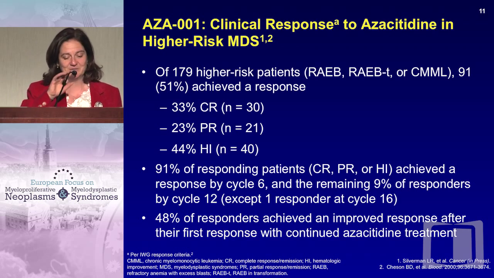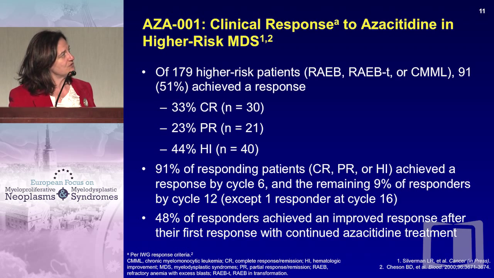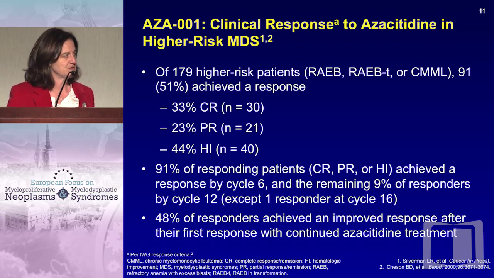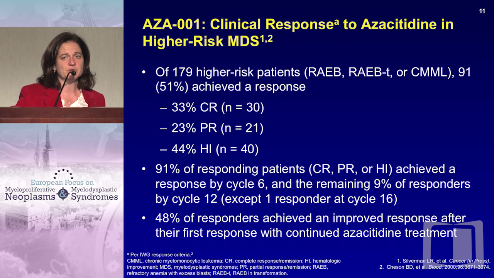So what about the response? All over, you see, you have a 51% of response, judged as CR, 33%, PR, or hematological improvement. And the great majority of these patients have achieved such a response within 6 months, not immediately.